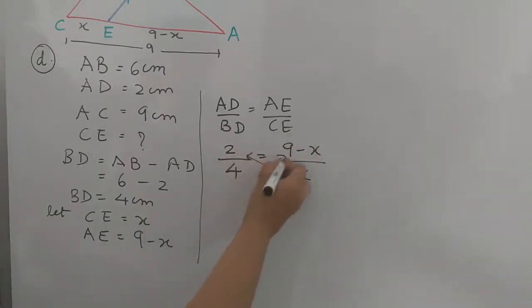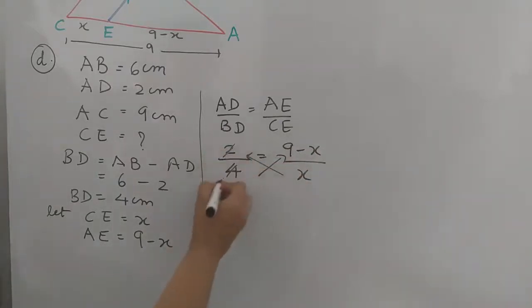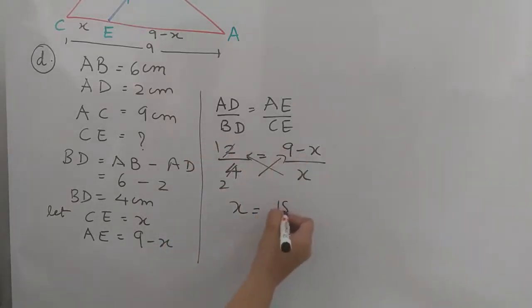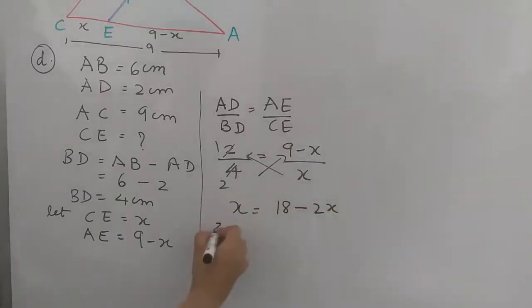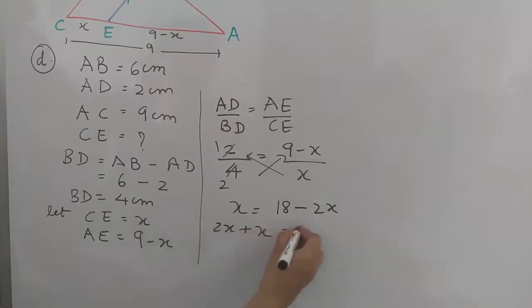Taking cross multiplication here, we can cancel this as 2 twos are 4. So now here only x remains, and with 2 we will multiply 9. So 9 twos are 18 minus 2x. Now this minus 2x taking on the left side becomes plus 2x. So 2x plus x is equal to 18, and so 3x is equal to 18.